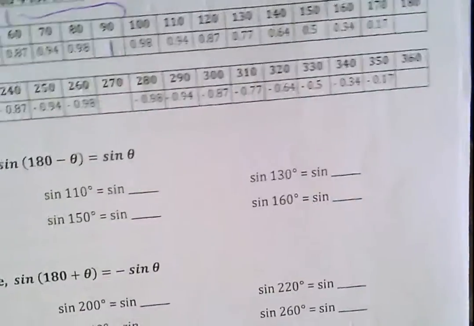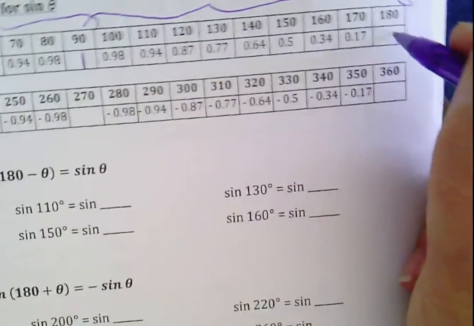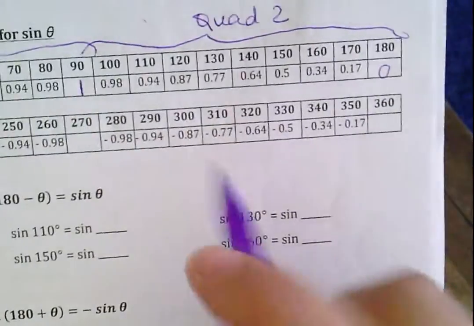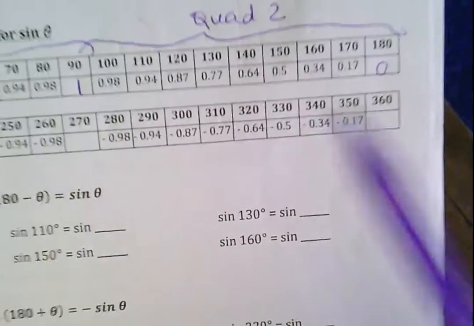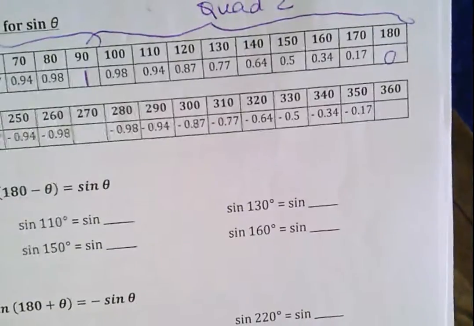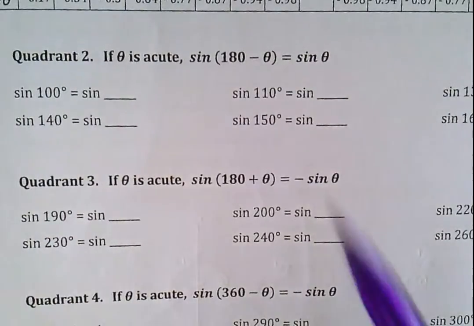Then we looked at quadrant 2 from 90 to 180 degrees, and we can also see here that sine's always positive. So, for example, if we look at this next bit here, quadrant 2, sine of 100.